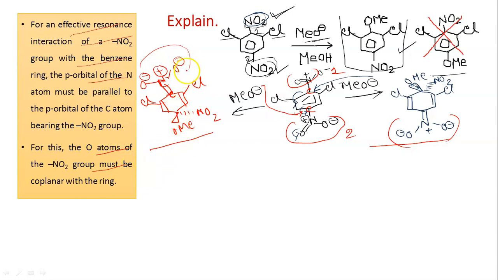But in the red structure there will be steric repulsion between the two chlorine atoms at ortho position and the O minus atoms. That type of steric problem will not be present in this structure, the blue structure, when there is attack at this carbon. Okay, so that is the reason.